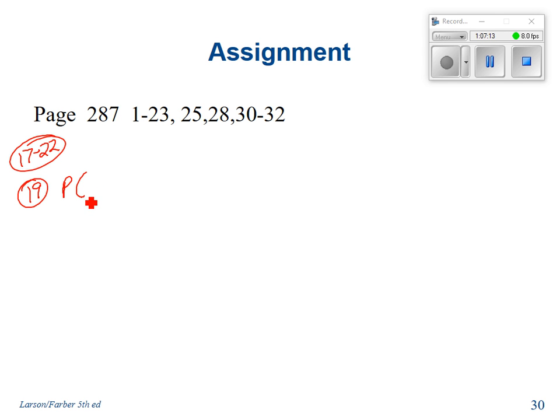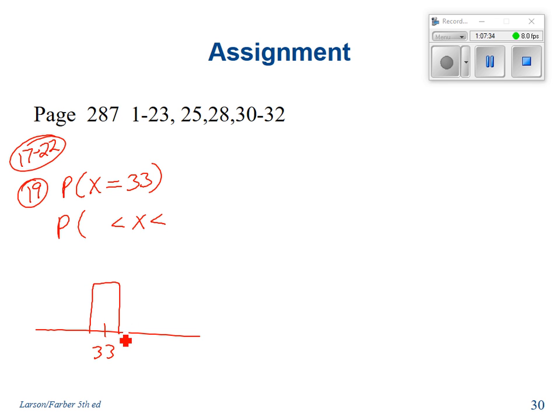This time they said probability of x is equal to 33. We want to change that. I will draw the picture. We got 33 right here. 32.5 and 33.5.